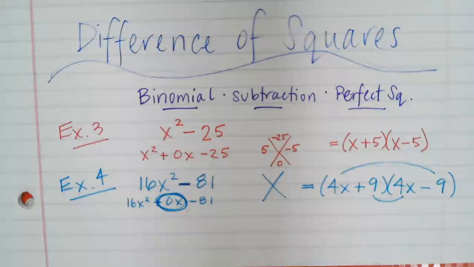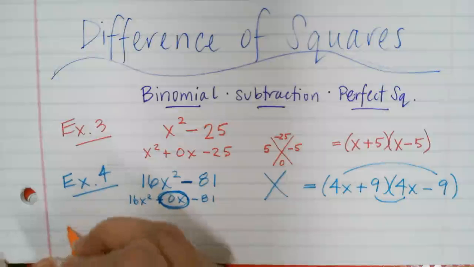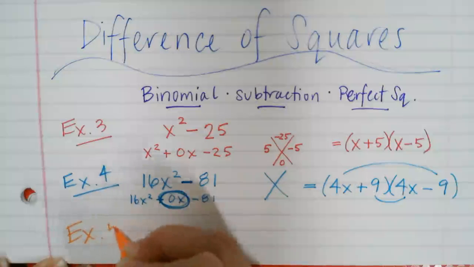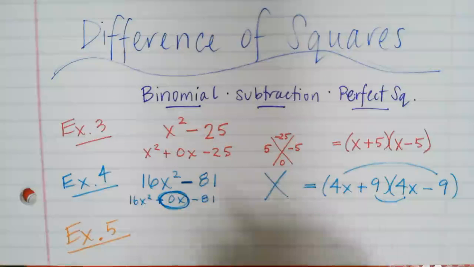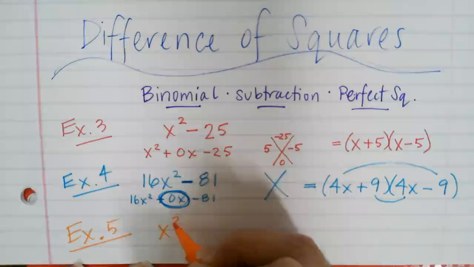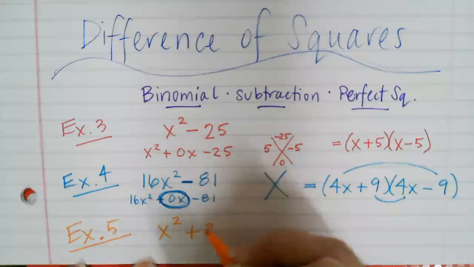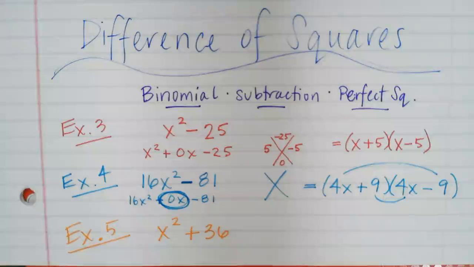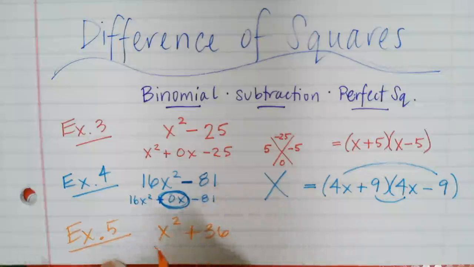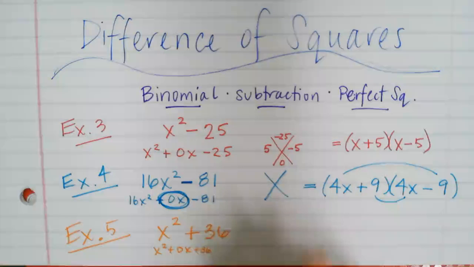All right, now, what I want to show you really fast is how not to be tricked. Okay, so if we look at this one, let's say we had x squared plus 36. All right, so same thing. We know that we're looking for numbers that multiply to be 36 but add up to 0. So this would be x squared plus 0x plus 36.